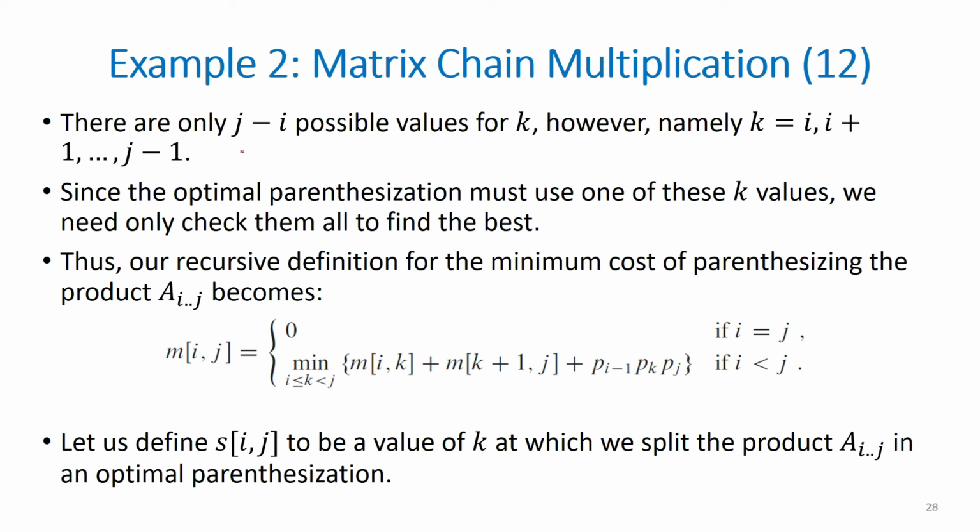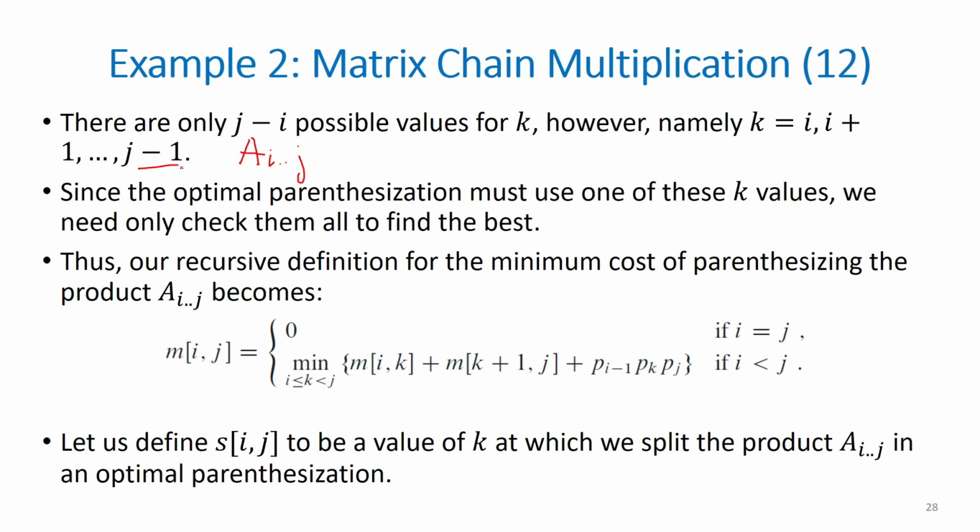So, since we do not know the point at which to split the matrix product chain, we have to now check for all possible k values that result in the optimal parenthesization. Let's look back at the values that k can take in the chain Ai..j. Over here, k can be after Ai or Ai+1 and so on up till Aj-1.